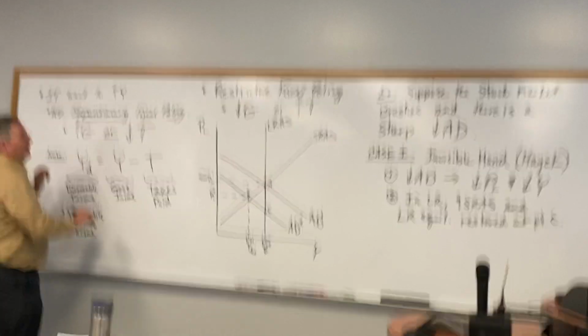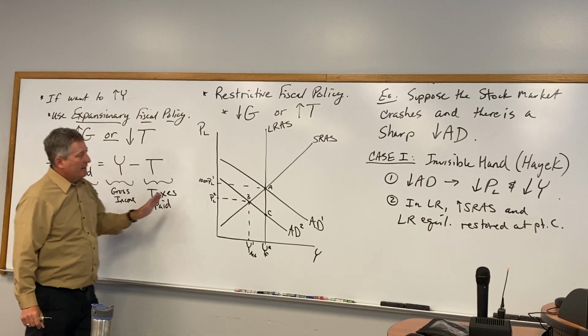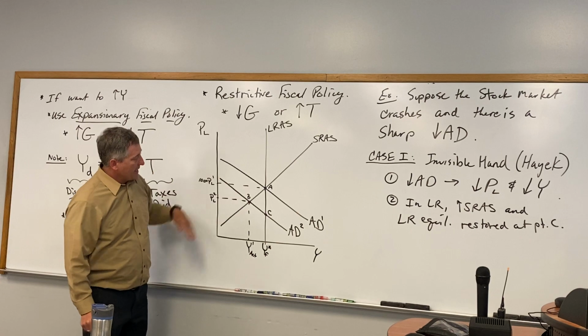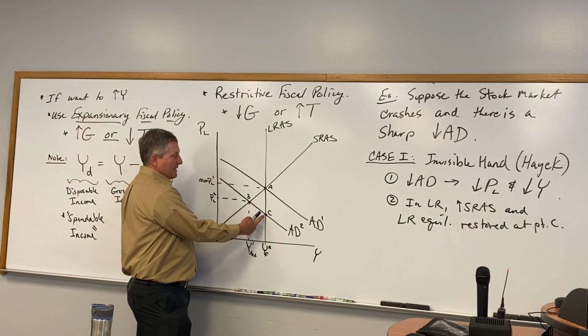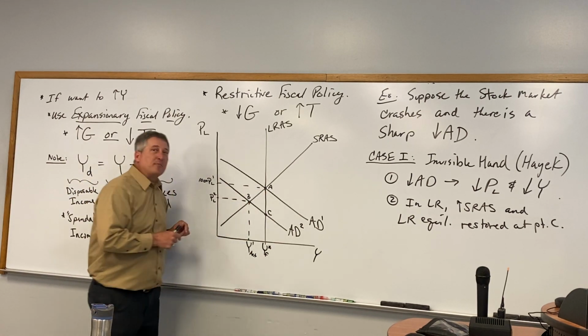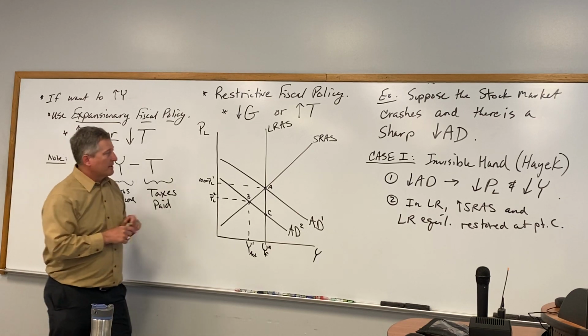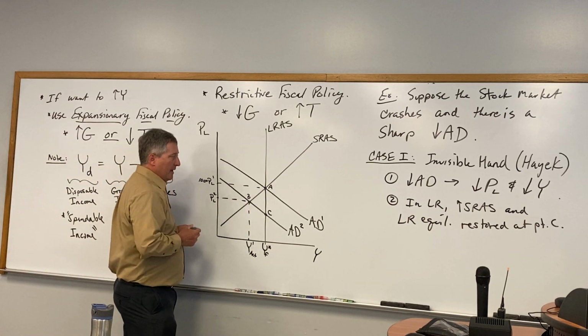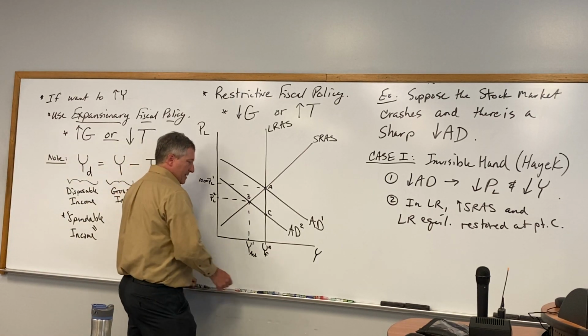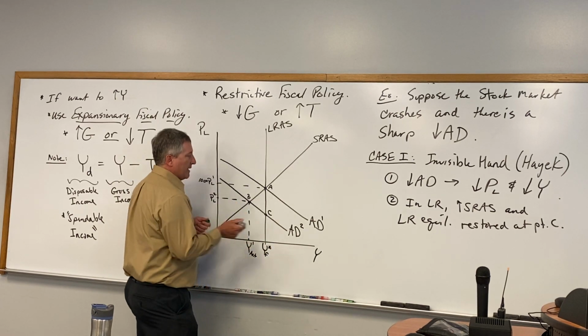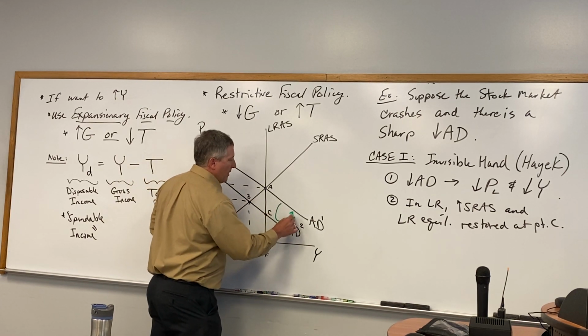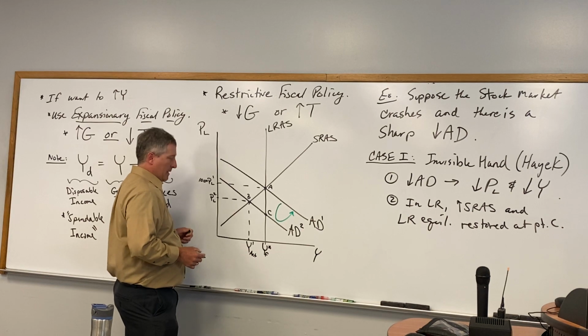You can do a little bit of A and a little bit of B. So the idea with Keynes here is that let's not wait for the economy to get back to here, let's just get us back up to A real quick. So let's get us back up to A.